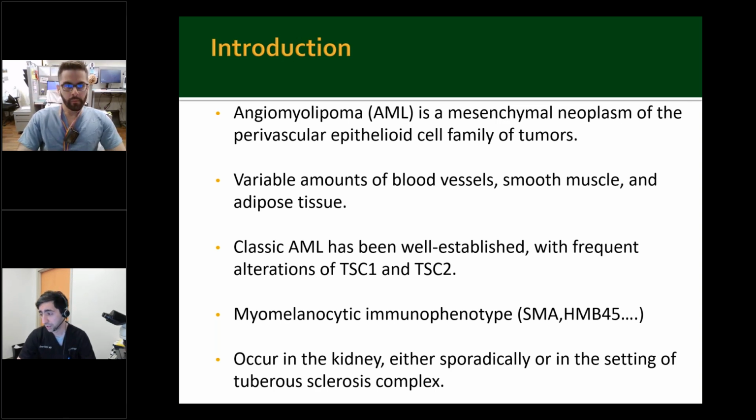It can occur sporadically or in the context of tuberous sclerosis complex. Angiomyolipoma usually exhibits a myomelanocytic immunophenotype with co-expression of proteins such as SMA and desmin, as well as melanocytic markers that include HMB45, Melan A, and others such as MART1.